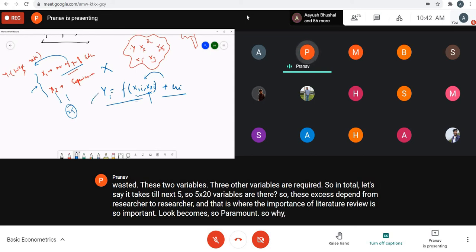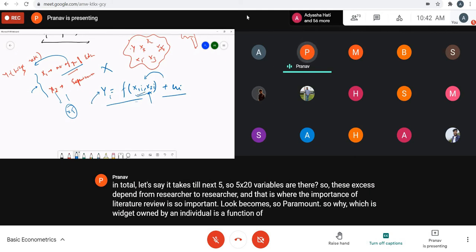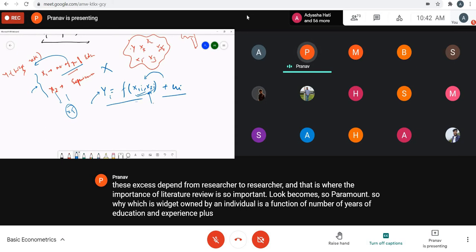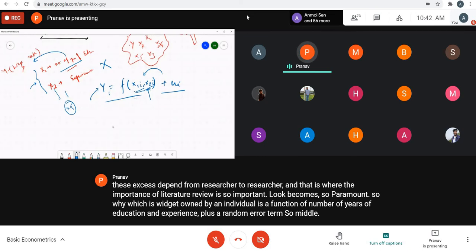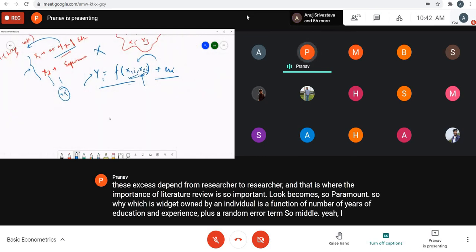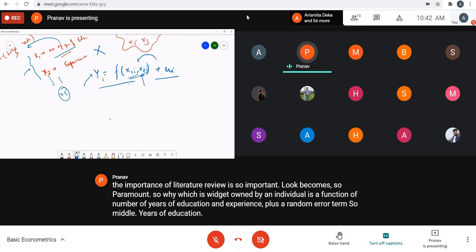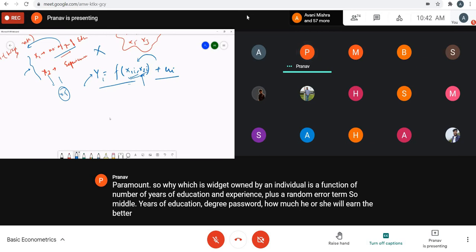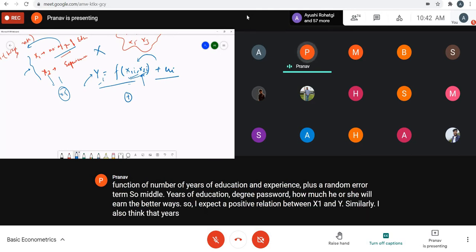So Y, which is wage rate earned by an individual, is a function of number of years of education and experience plus a random error term. Now I've made the model, and what am I expecting? I think the more years of education, the more degrees a person has, the better wage he or she will earn. So I expect a positive relation between X1 and Y. Similarly, I also think that with years of experience, the wage rate earned by an individual should go up.